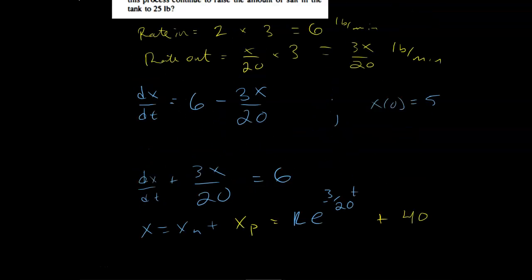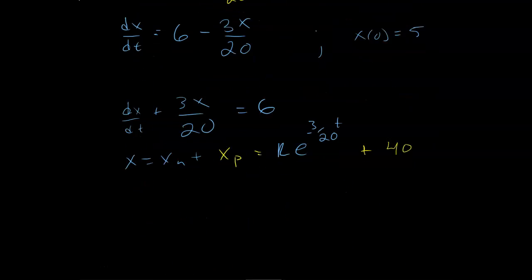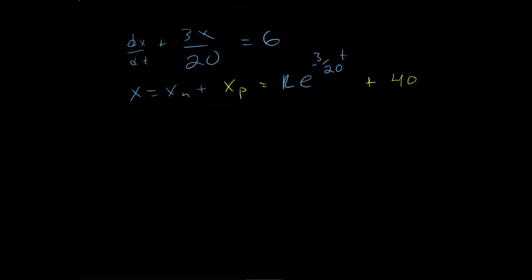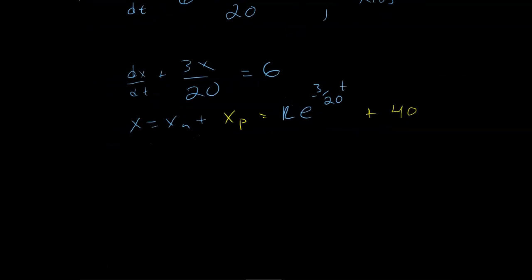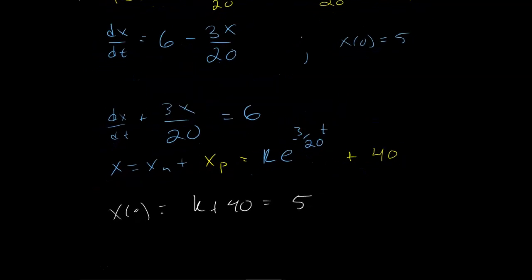Now, in this problem, let's zoom up a bit. It said, how long should the process continue to raise the amount to 25? So to finish our solution, we need to plug in k and then ask, when would this be 25? I jumped ahead. We need to use our initial condition real fast. So x of 0 gives you k plus 40, and we want that to be 5.